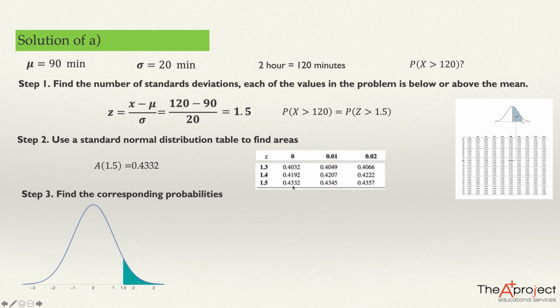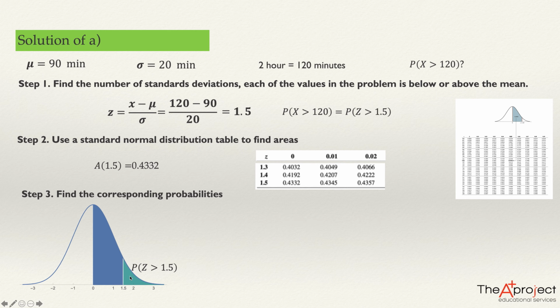So this 0.4332, remember, the table that I have only gives me the area between the z value and 0. So the area that I have found here is not this one. The area that I have here is this one, between 1.5 and 0. But the question is: what is the probability that z is greater than 1.5?